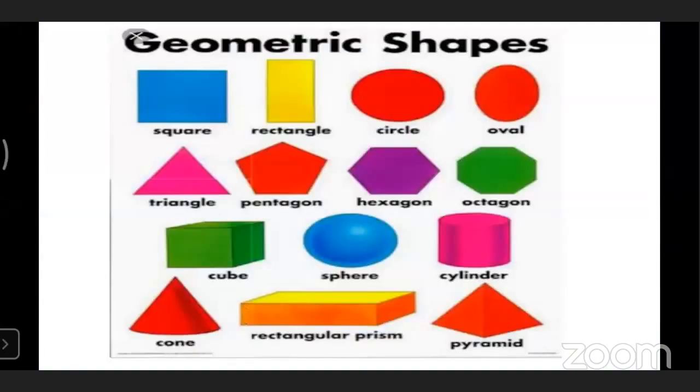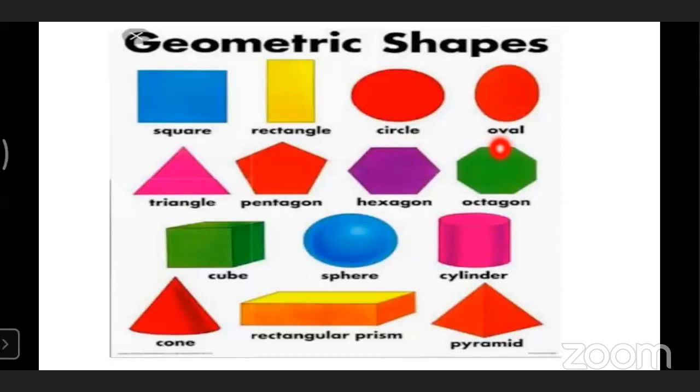Now, here are some geometrical figures. Okay, let's read it. It's a square. Yes, this one is rectangle. Good. This one is circle. Very nice.